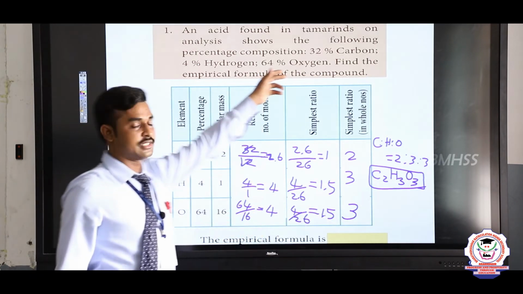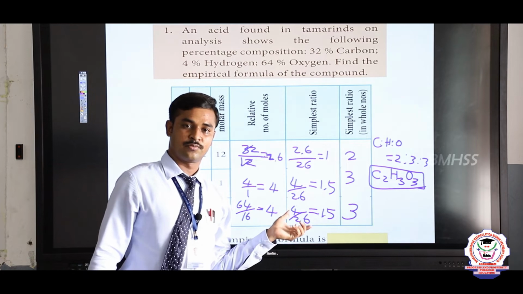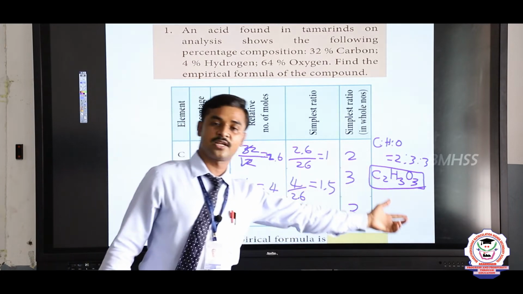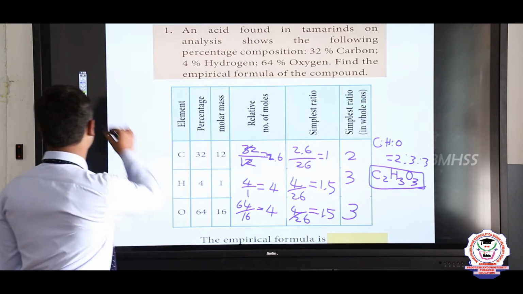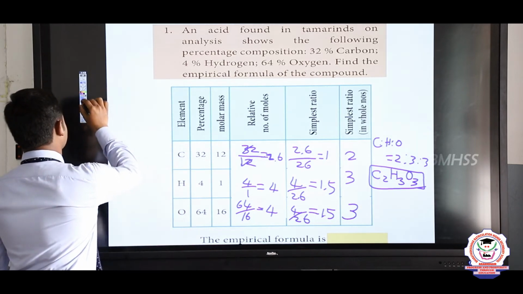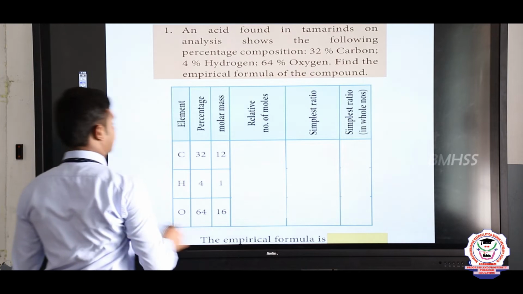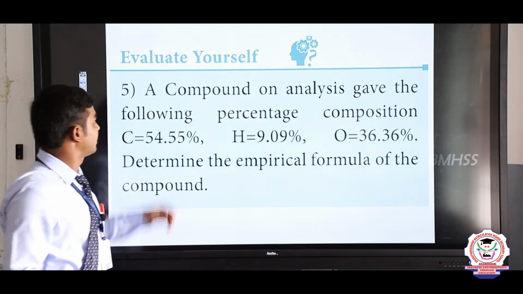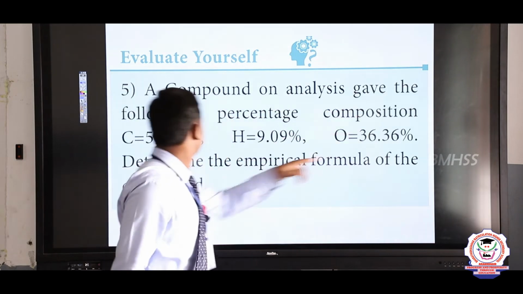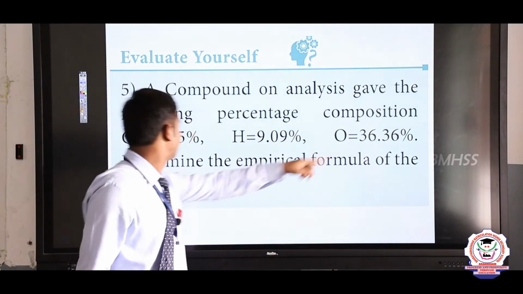From the percentage and the molar mass, we can find the empirical formula of the compound. It is one of the sums in your textbook, and you also write another sum. Evaluate yourself: a compound on analysis gave the following percentage composition.